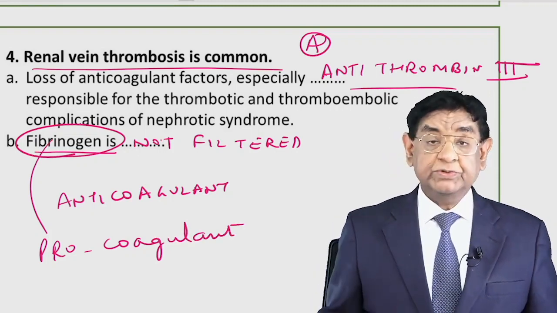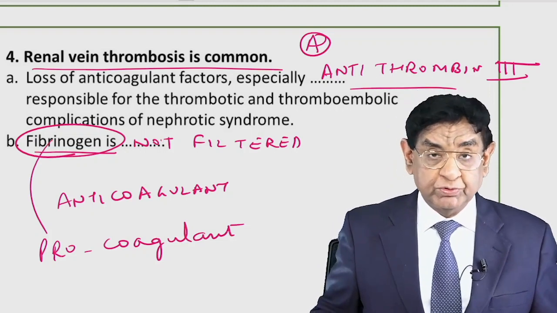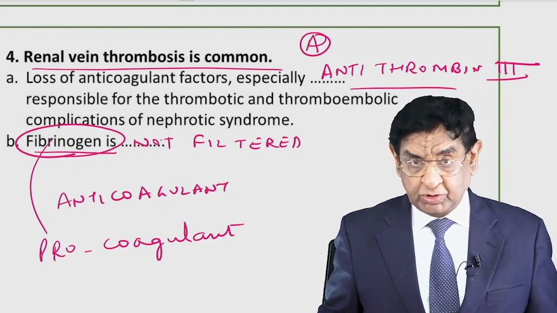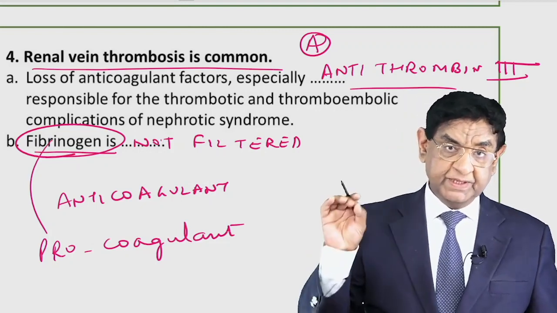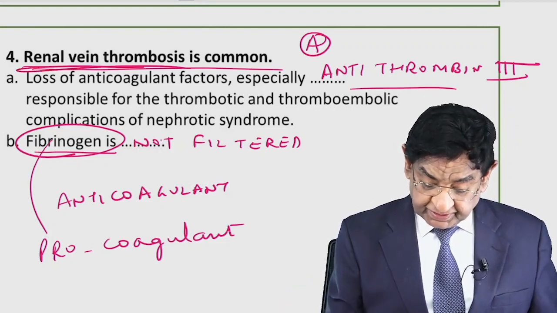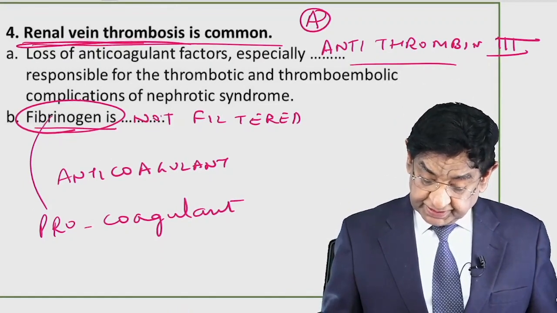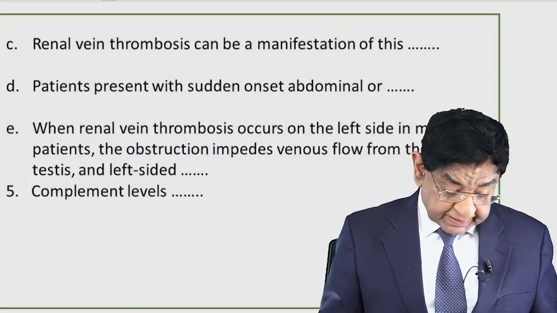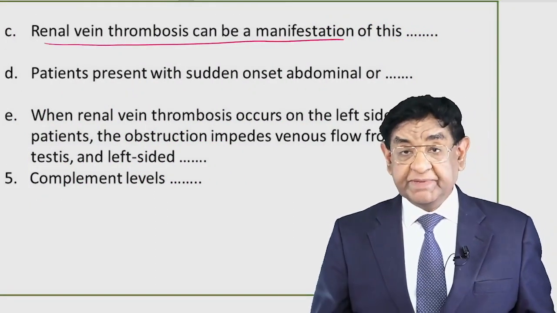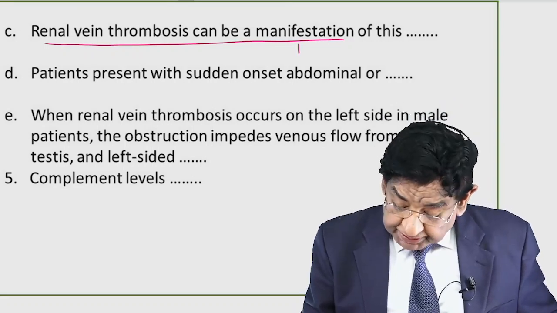So that means the body is more prone to thrombus formation. So there are two factors which contribute to clot formation, and one of the common sites of clot is the renal vein. So renal vein thrombosis occurs as a manifestation of this hypercoagulable state.